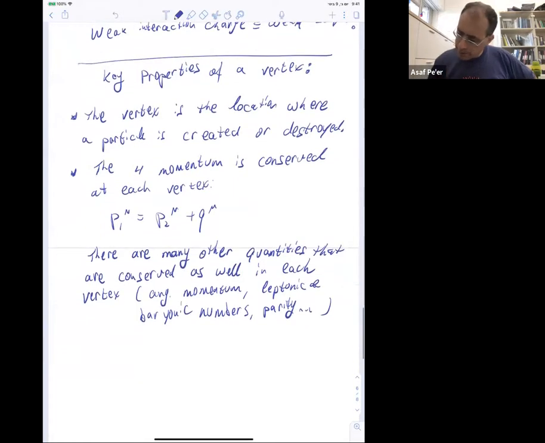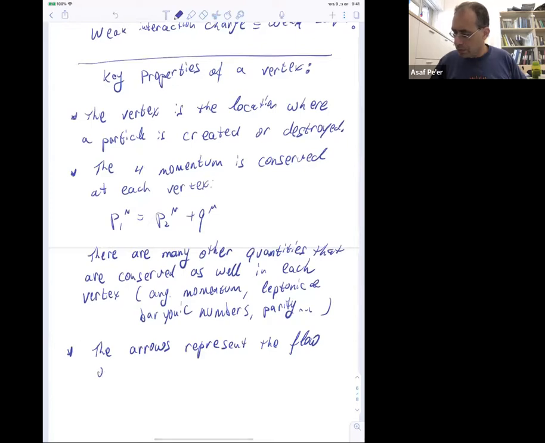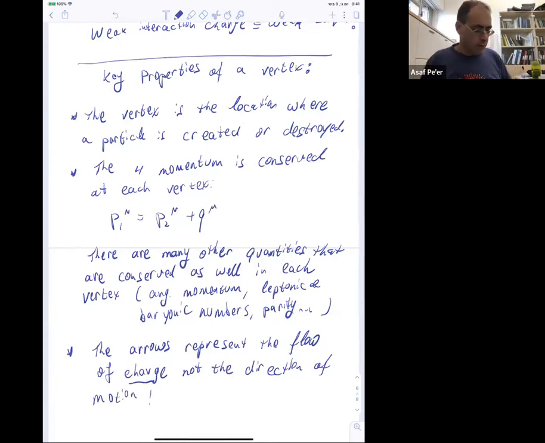Now, another thing, I mentioned it, but I need to write it down, is that the arrows that we're seeing represent the flow of charge. It's not the direction of motion. Right? Because when we discuss antimatter, the arrows will be pointing in the opposite direction.